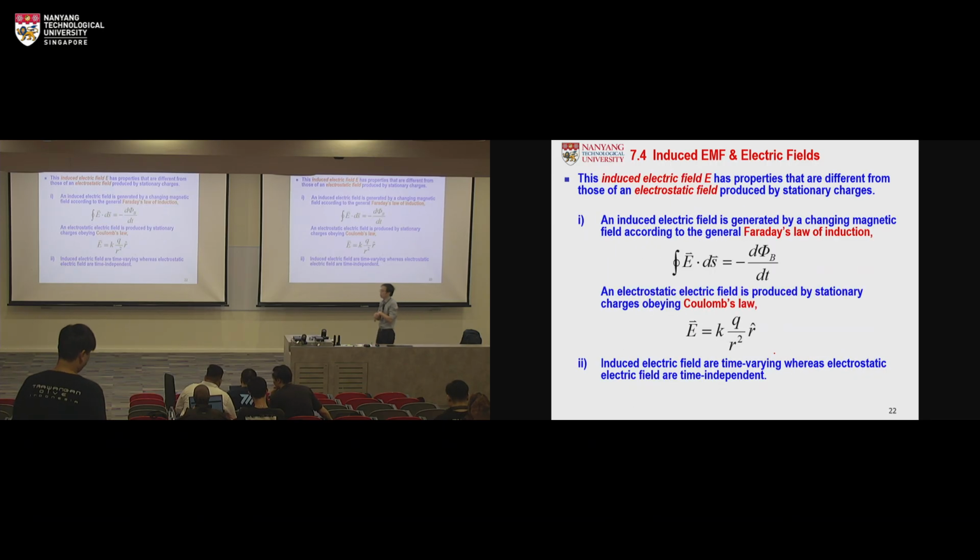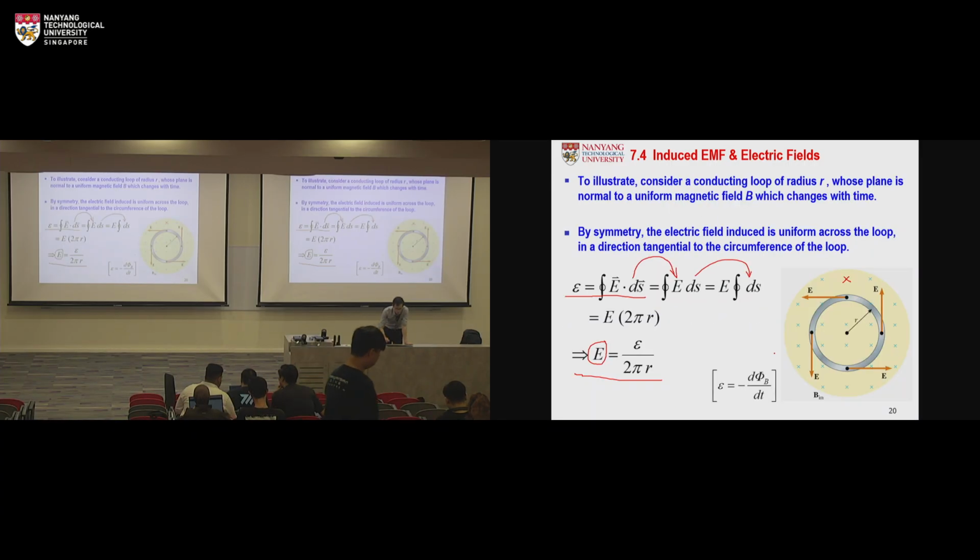Now, I'm not sure if you noticed, in this case, if this E is the electrical field due to a charge, the electrical field E we discussed in the first part, for that kind of E, what will you get if you do this integration of E·ds along a loop?